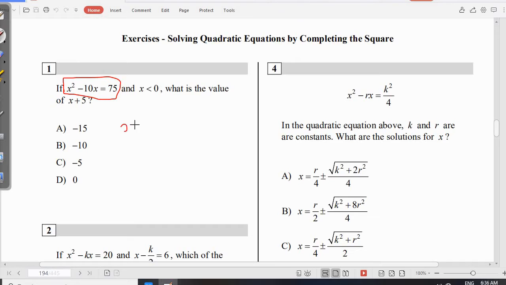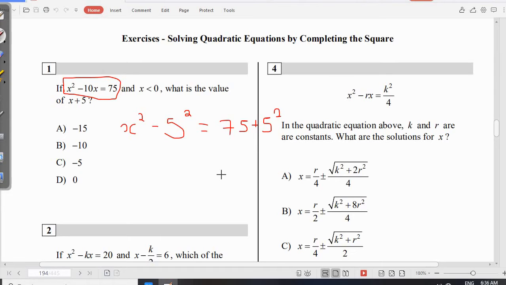So I'll have x minus 5 all square equal to 75 plus, it's actually a plus here, but plus and a minus make a minus, so you have 75 plus 5 square.